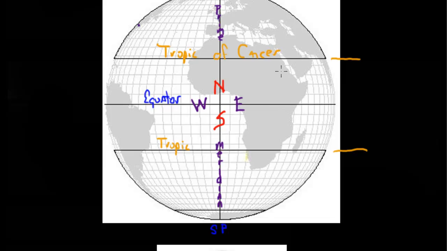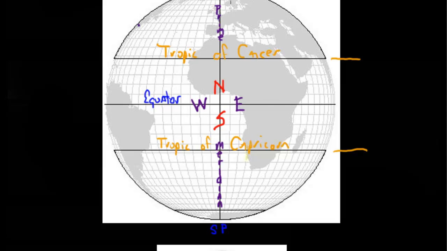The way I remember this one is that it's the tropic you never want to get close to. It has to do not with the medical cancer, but with the astronomical Cancer. And this is the Tropic of Capricorn, and again, it has to do with the constellation Capricorn.